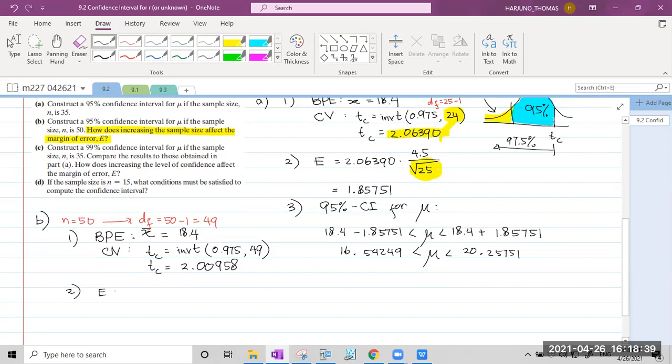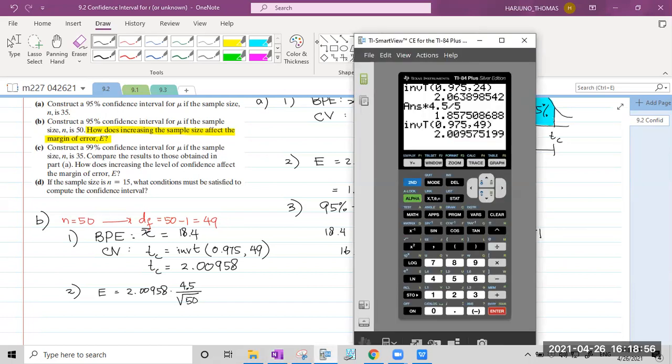Second, how about the margin of error? Margin of error E will be the critical value times the sample standard deviation, 4.5, over square root of sample size 50.